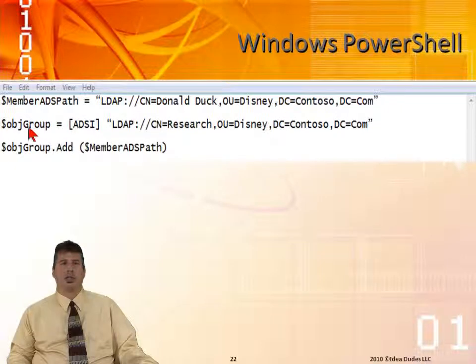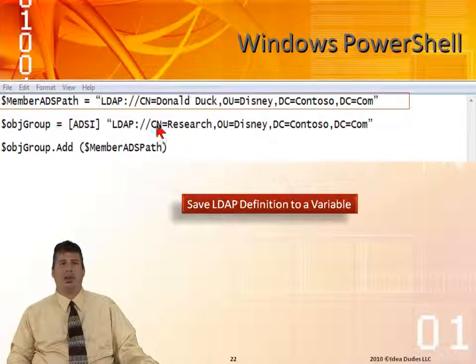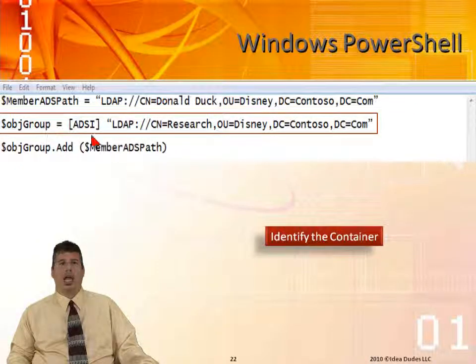In Windows PowerShell, we're doing members adspath, which saves the LDAP definition to a variable. So we're identifying what it is, saving it to the variable, and then we're going to call it from the variable. So we're doing object group, ADSI. Remember, that identifies the actual location we want, research, OU Disney, and DC is equal to Contoso, DC is equal to com.